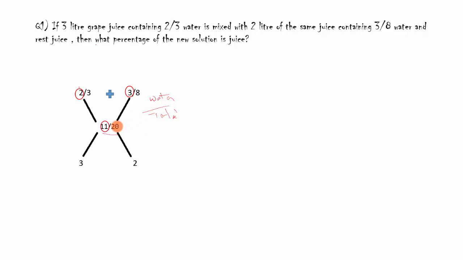It's not asking what percentage is water. If we have 20 liters of resultant, 11 is water, so the rest would be juice. To answer our question, we need this value, that is 9 out of 20 is juice. So we have 45% juice, right?